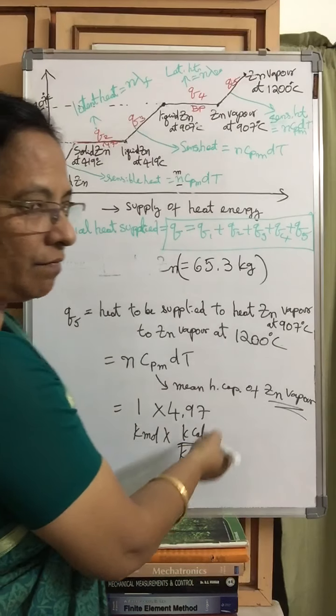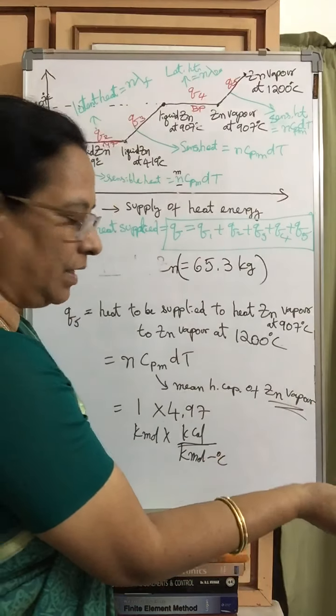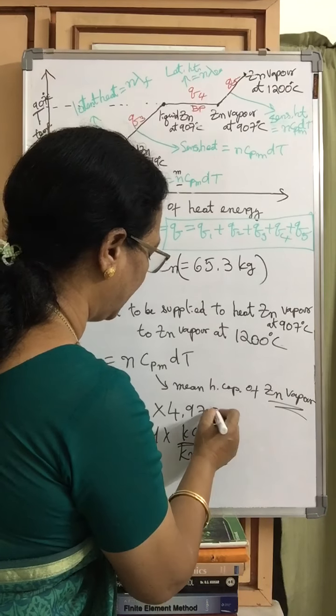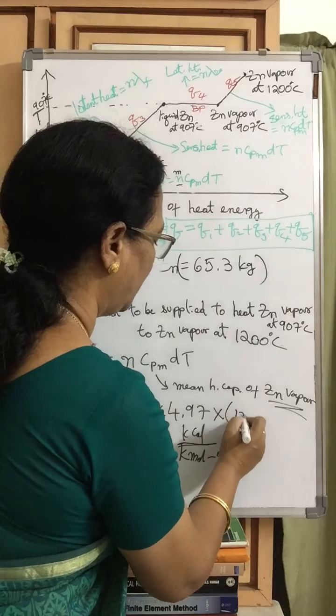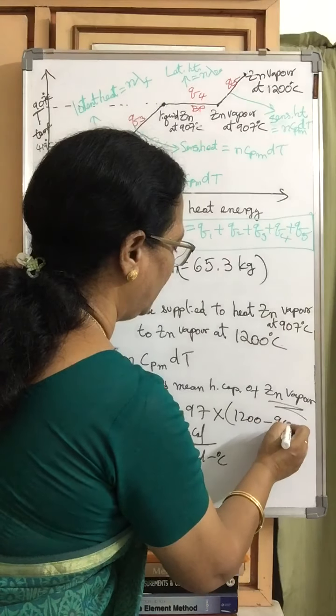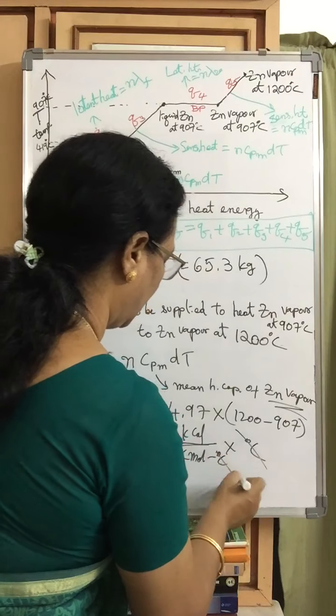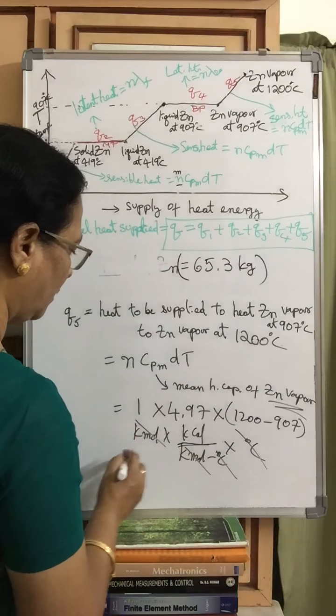No problem here. In the denominator, 1 degree centigrade equals 1 degree Kelvin, and because it is given in centigrade, we are writing it like that. And then 1200 minus 907, in degrees centigrade.